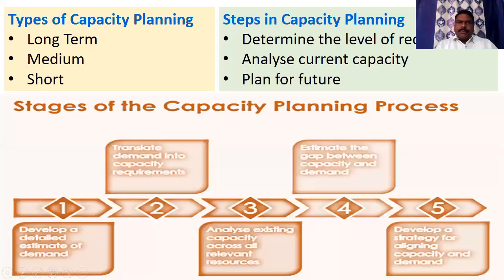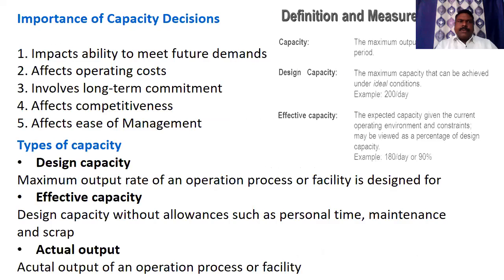Before going to that, the importance of capacity decisions. We will see the impact: the ability to meet future standards. If you want to meet any future standard, compulsorily we need to go for capacity planning.